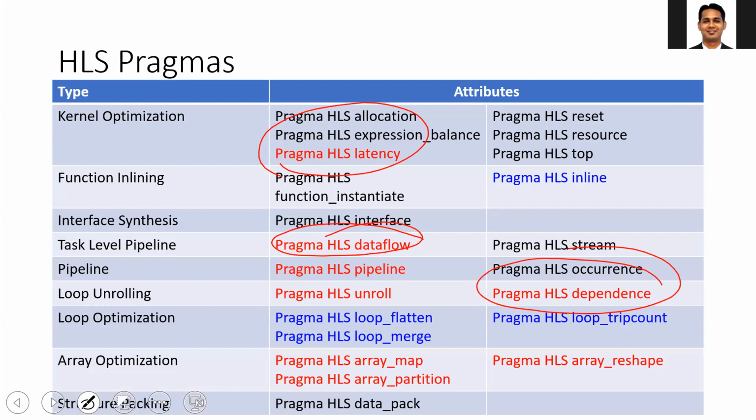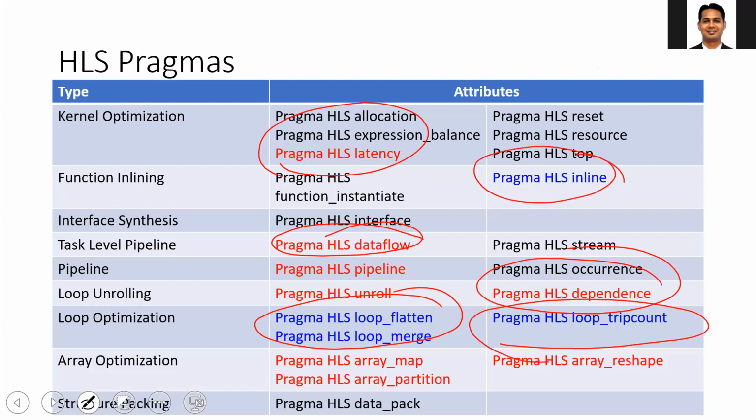There are 4 other pragmas, which are loop flatten, loop merge, loop trip count, and HLS inline. These pragmas will also be part of quiz 3, which is the take home quiz.